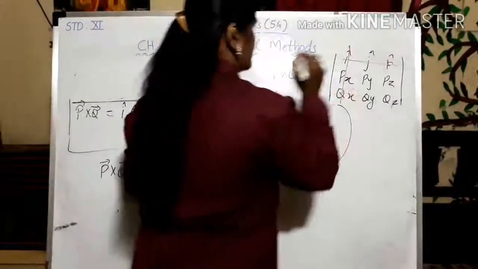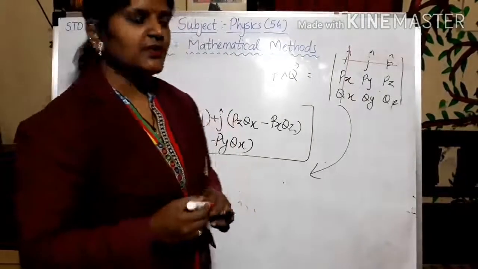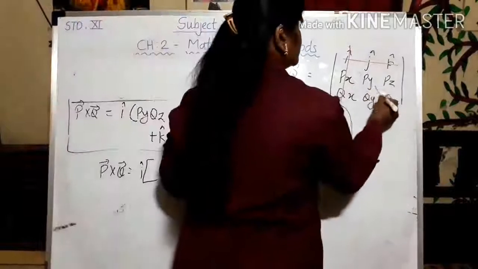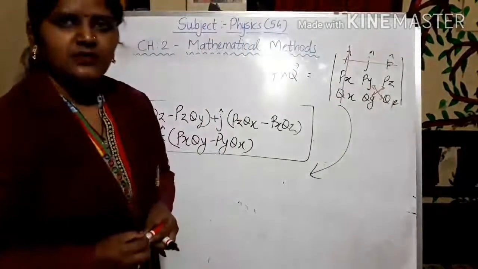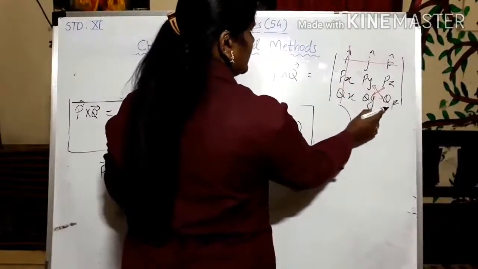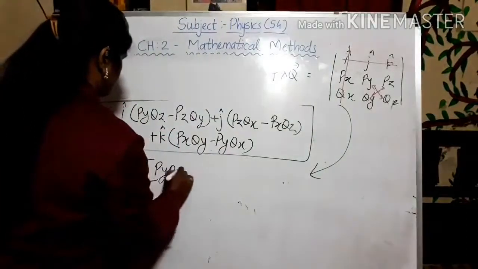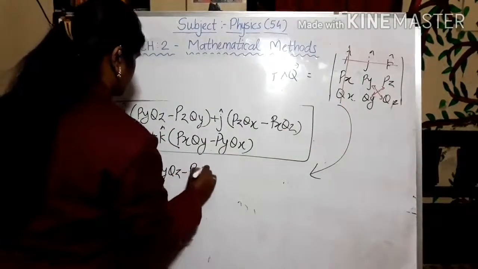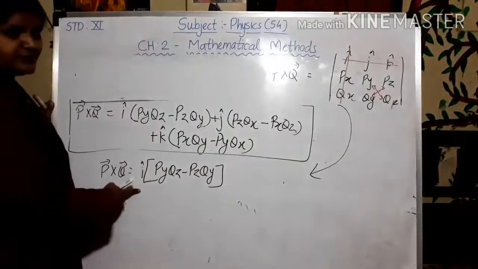This is the column in which I is existing. So I am going to ignore both of them, and cross multiply the remaining four terms. So what will it be? By cross multiplying, Py Qz minus Pz Qy. Py Qz minus Pz Qy. See, it is the same one.